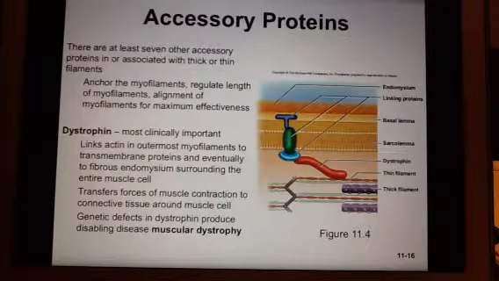When the dystrophin is altered, if it has genetic defects, then that's where we see the disease muscular dystrophy. Those muscles are working for a while, but then depending on the type of muscular dystrophy, they can weaken.